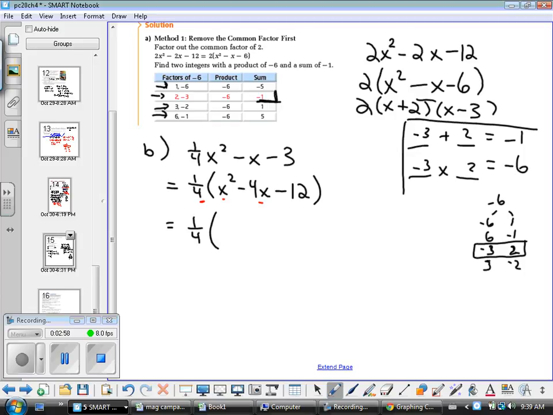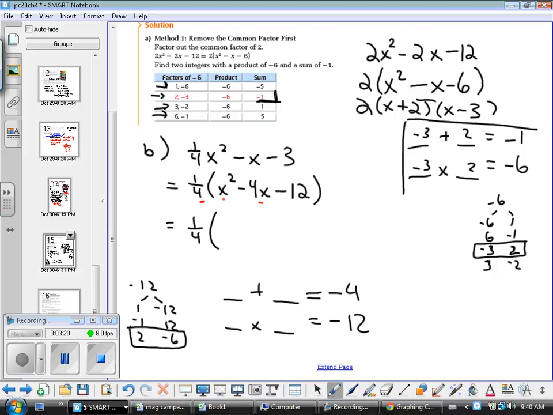And then you want to factor this. So again, you're looking for two numbers that are going to add to give you -4 and multiply to give you -12. If you go through your factors of -12, you're going to go -12 and 1, -1 and 12, 2 and -6. And there it is right there.